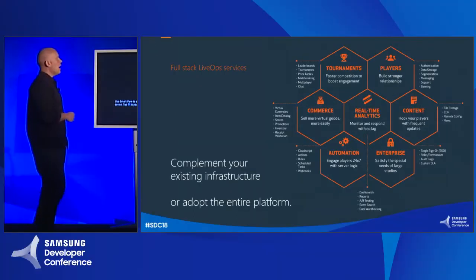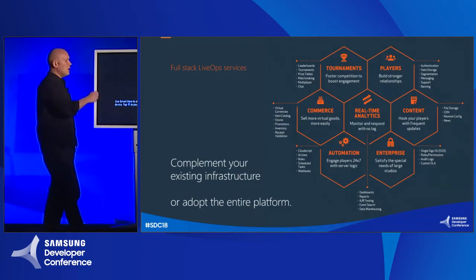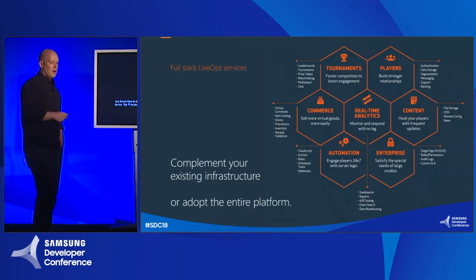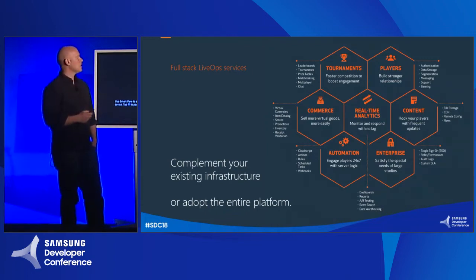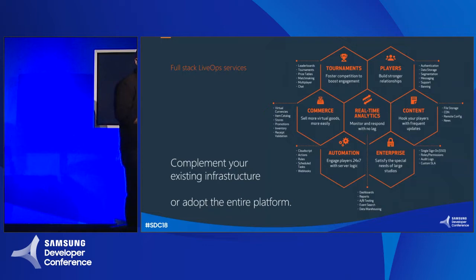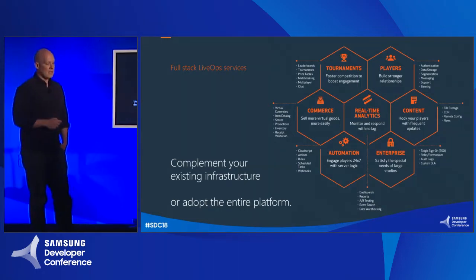When we look at the game industry, and particularly games that have an effective LiveOps strategy, there are a few key pieces that all of them have. The first is that they have ways to engage their users over time. This might be tournaments, events, prize tables, matchmaking, and multiplayer, which are very popular. This is what we call the tournaments area.